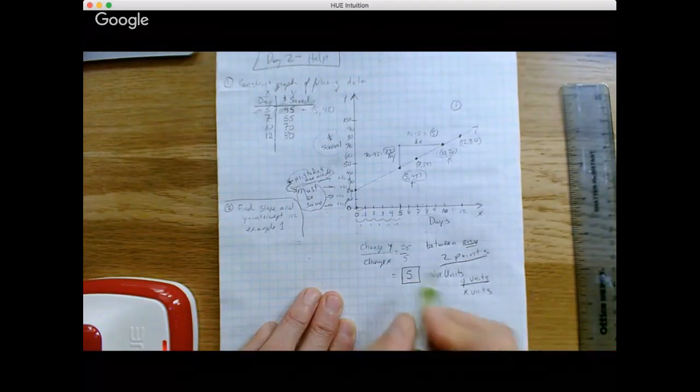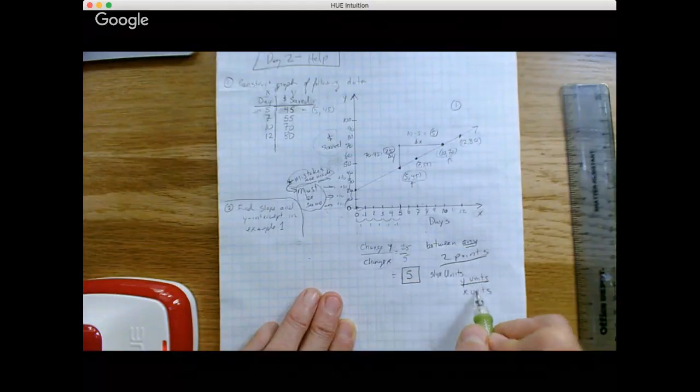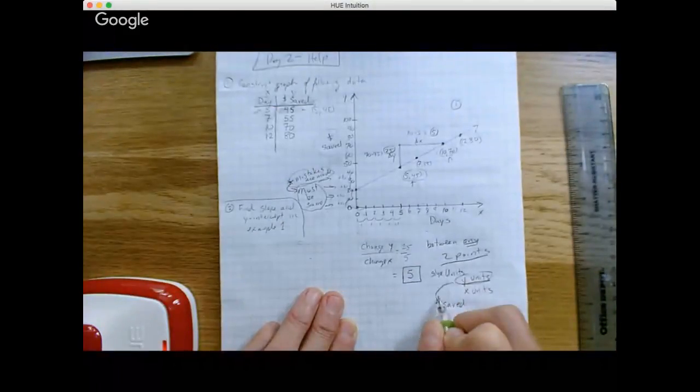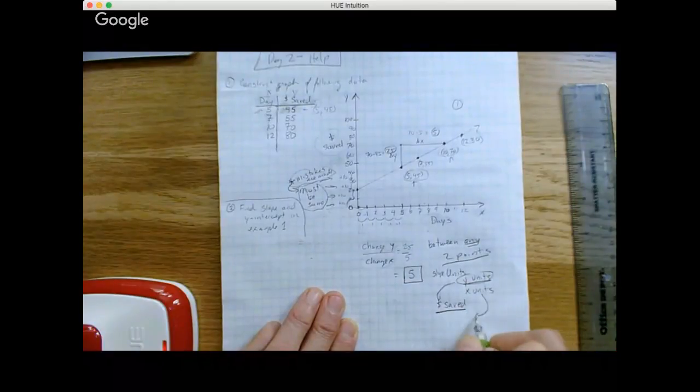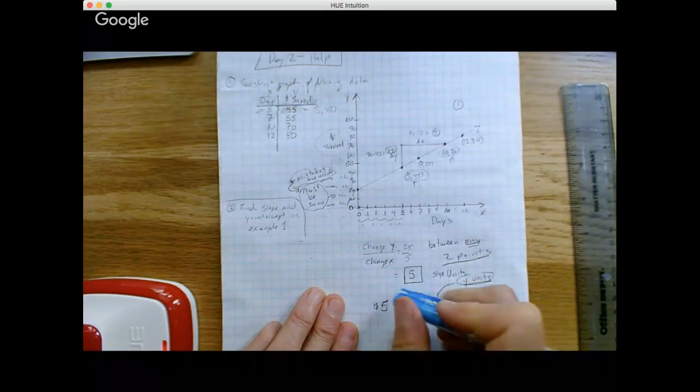It's the same as the change in y over the change in x, but now we take our units and divide by our units. Our y units are dollars saved, and our x units are days. So we can read that as dollars saved per day. So our answer for our slope is $5 saved per day.